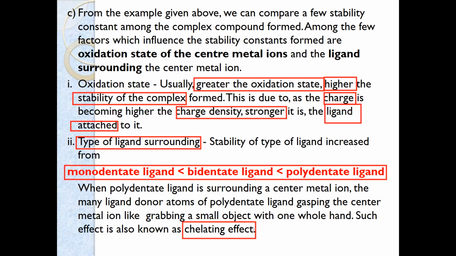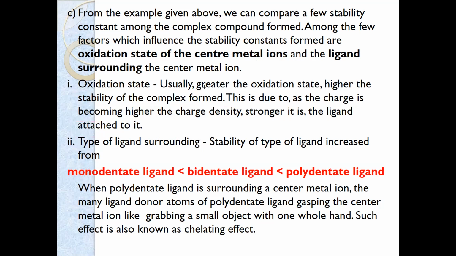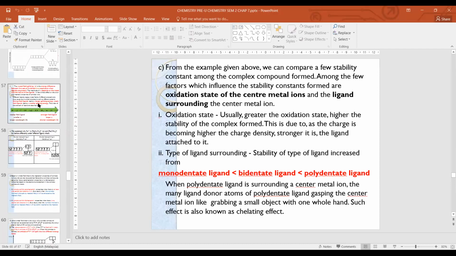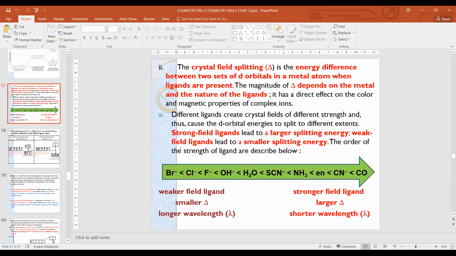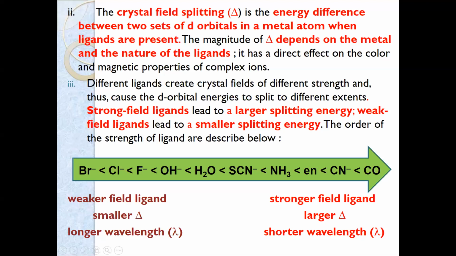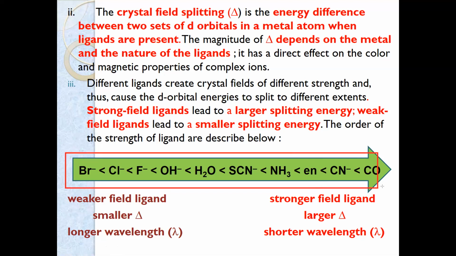As teacher, just now the Cl minus and the NH3, how teacher? If you still remember, yesterday we managed to discuss the strength of the ligand here. The strength of the ligand is based on this one, the one that I just showed you right now. So the strength of the ligand goes from monodentate to bidentate.